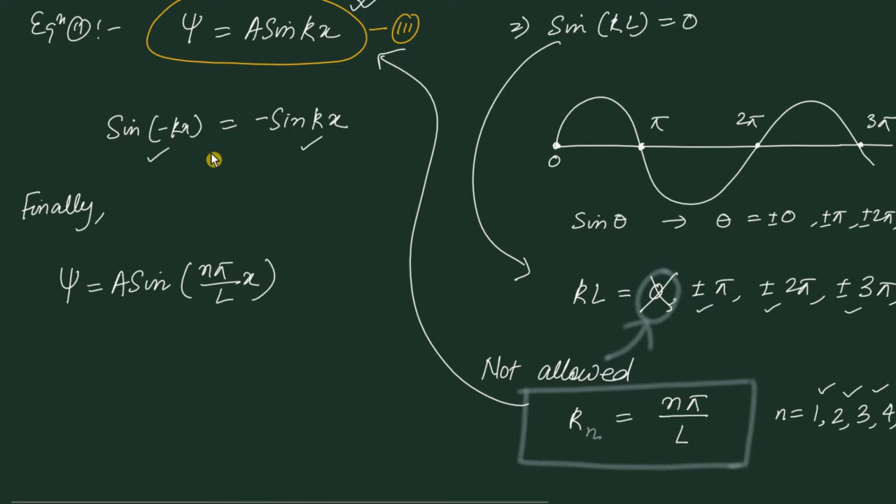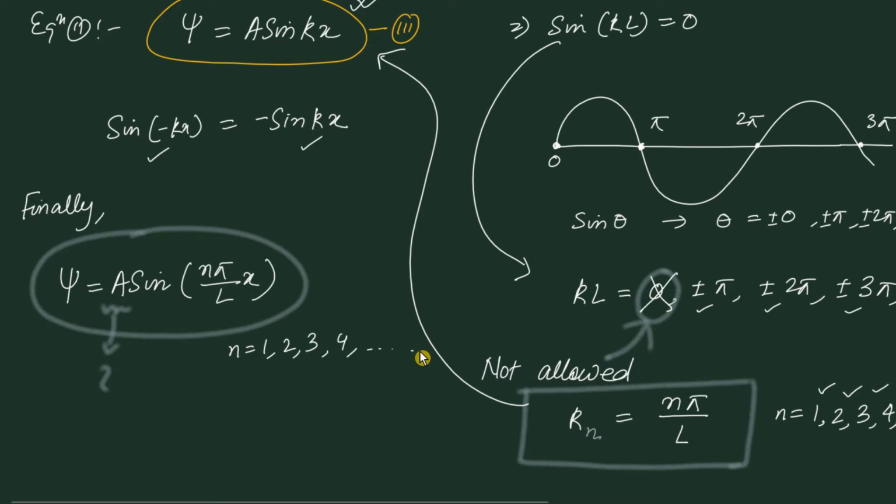All right. So now the first thing I notice is that, of course, I have not yet found out a, so I have to do something about that. But this wave function can have infinite values because n can take values of 1, 2, 3, 4, 5 and on and on. So there can be infinite wave functions possible in the same problem.